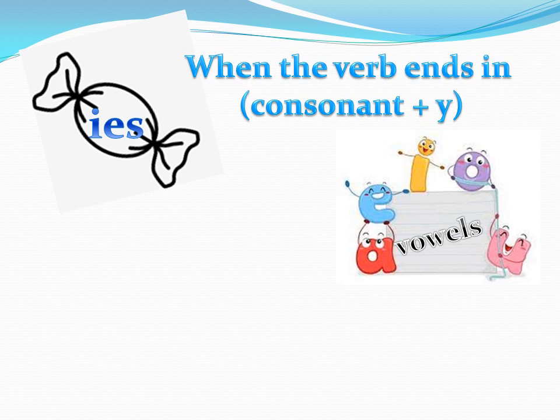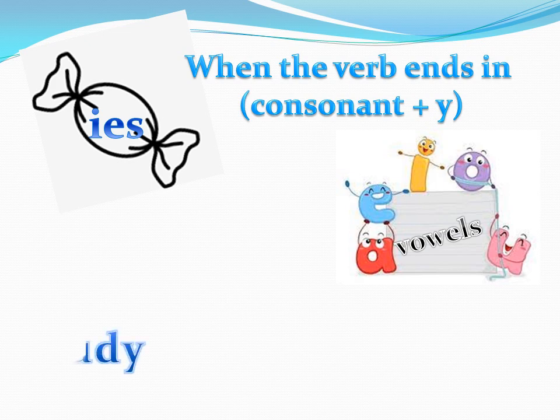So the vowels are those five only, but the other letters are called consonants. If we have any verb that ends in Y and before the Y there is a consonant, we cross the Y, we say bye-bye to the Y and add instead IES.